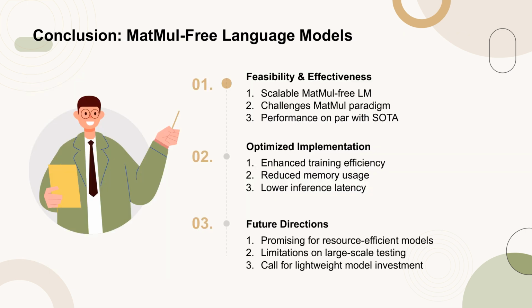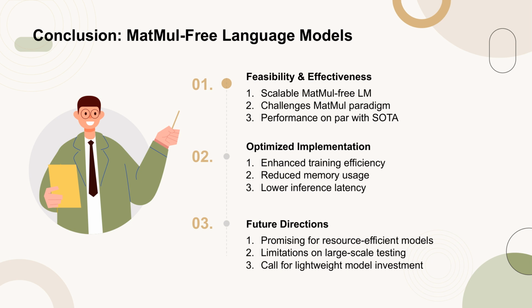In this study, the authors have successfully demonstrated the feasibility and effectiveness of the first scalable MatMul-free language model. This work challenges the conventional belief that MatMul operations are essential for high-performing language models, opening new avenues for more efficient and hardware-friendly architectures.